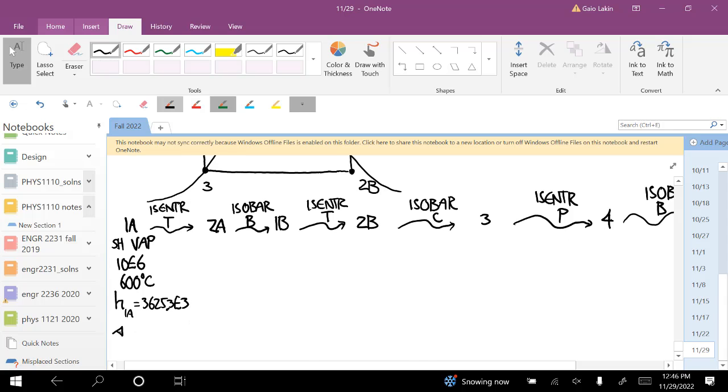And we'll look up the entropy. That's 6.9029 times 10 to the third. Why do we look up the entropy there? Same reason as always.